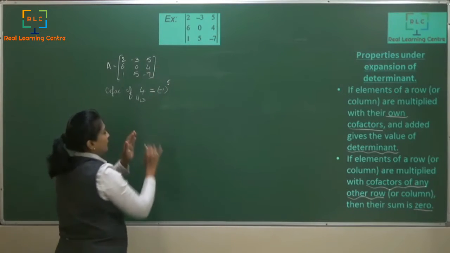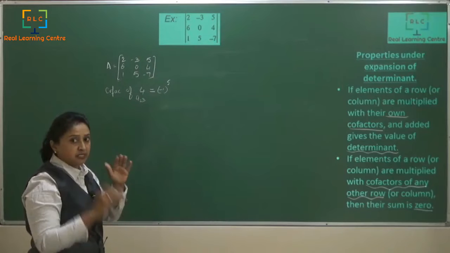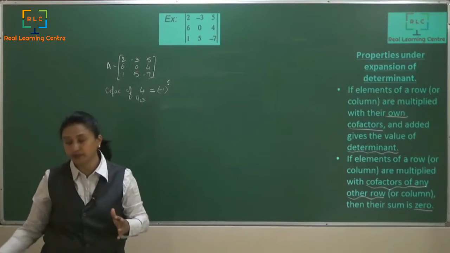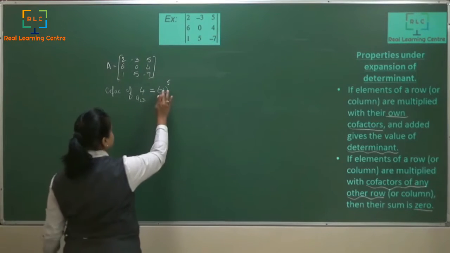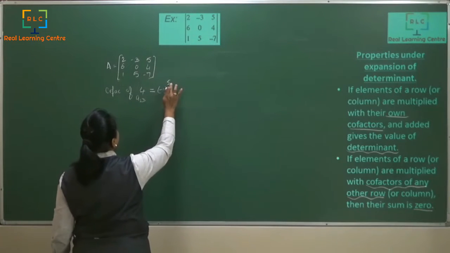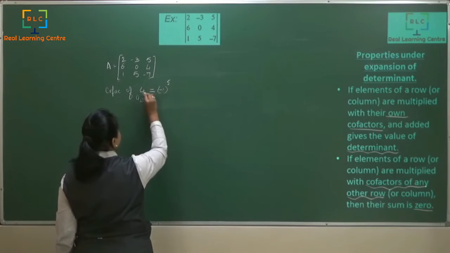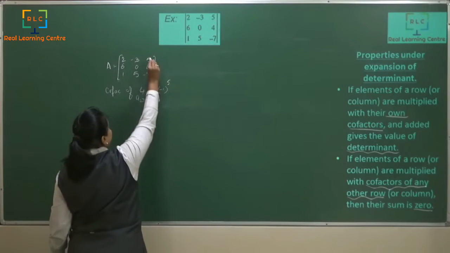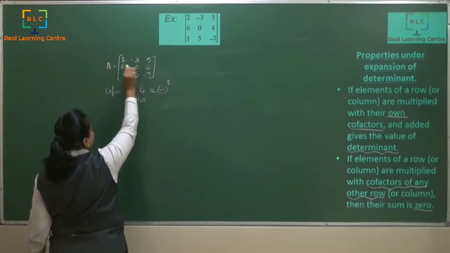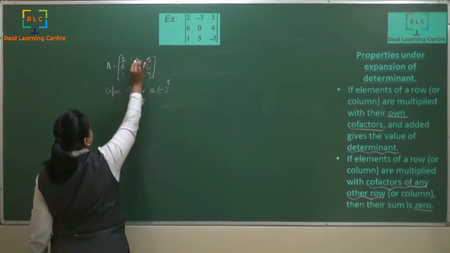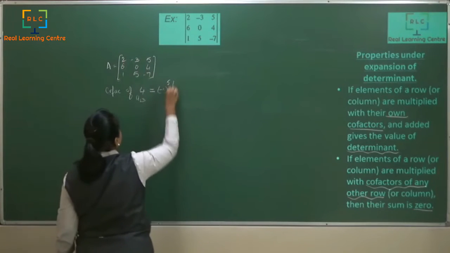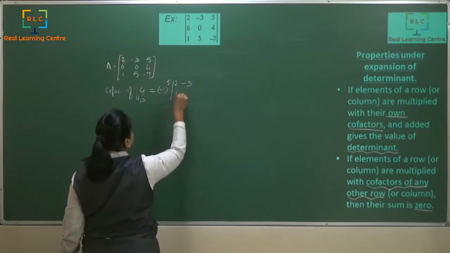And that place will have minus, we should know that as such, no need of adding up. So I shall say minus 1 raised to the power of 5 into the minor of this. How do you take out the minor? Wherever 4 is present, that column and that row you delete, and from the remaining elements you take out the determinant. That will be the determinant of 2, minus 3; 1, 5.